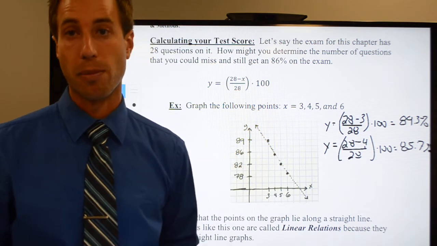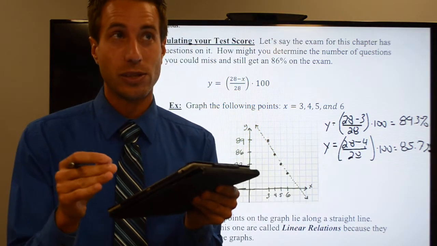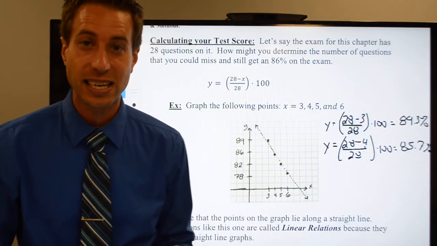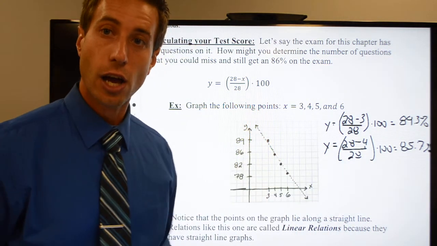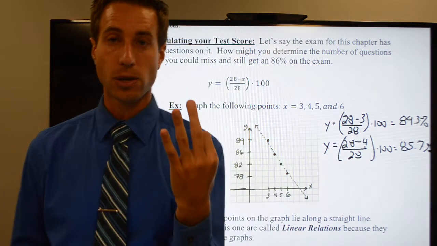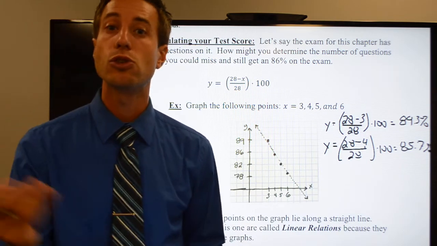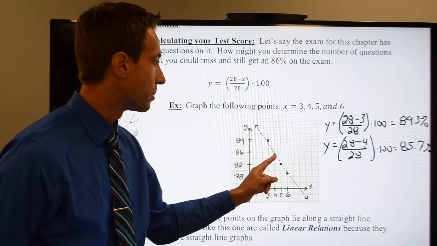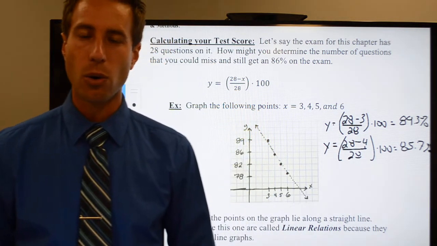Well, now we have a problem, right? You're close. It's 85.7. If it was a really nice teacher, maybe they would round that up to an 86, but you are below the 86. So to answer our question, you could miss 3 questions on the test and still get an 86%. But as soon as you miss that 4th question, you're actually going to be at an 85.7%, which is a little bit below what you wanted.